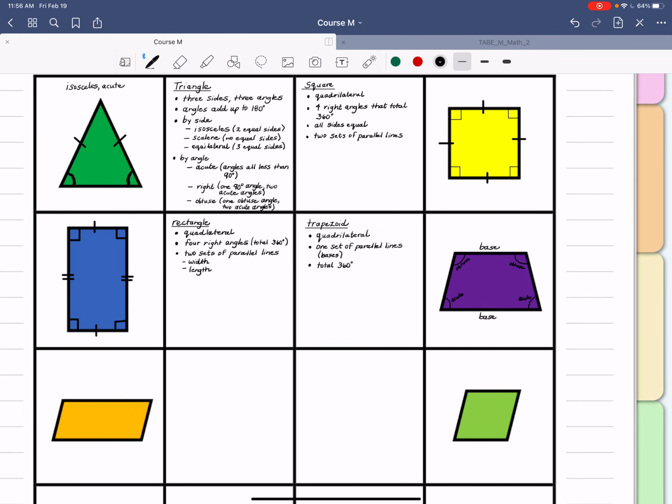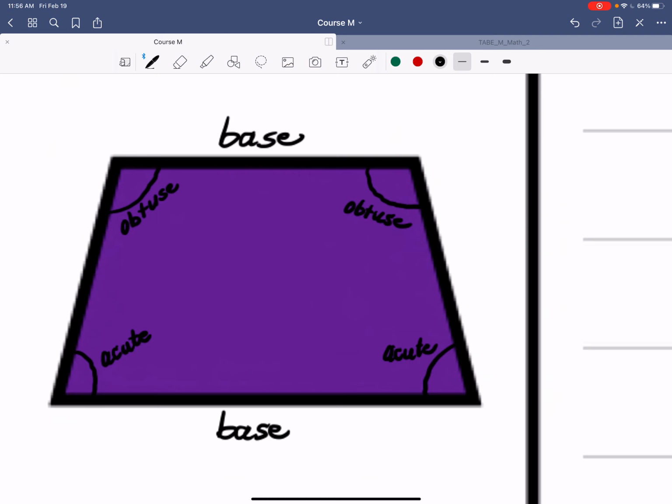Okay, one other thing about the quadrilateral. If you need to find its height, and I'm going to have to erase, you don't have to erase if you don't want to, but if you need the height of your quadrilateral, you always want to look right here. Let me do this with a straight edge. Height is from here down to here. You always want to measure height at a 90-degree angle.